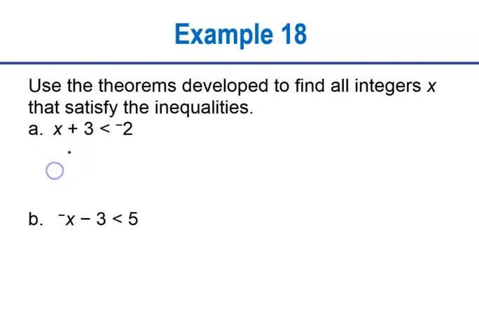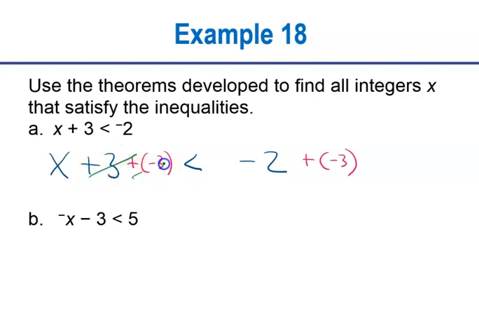So if I've got x plus 3 is less than -2, I'm allowed to add a -3 on the left and add the same value, -3, on the right. Now, why in the world would I do such a thing? Well, this positive 3 and this -3 cancel, and that's going to give me x isolated. So I know that x is less than -2 plus a -3, which is -5.